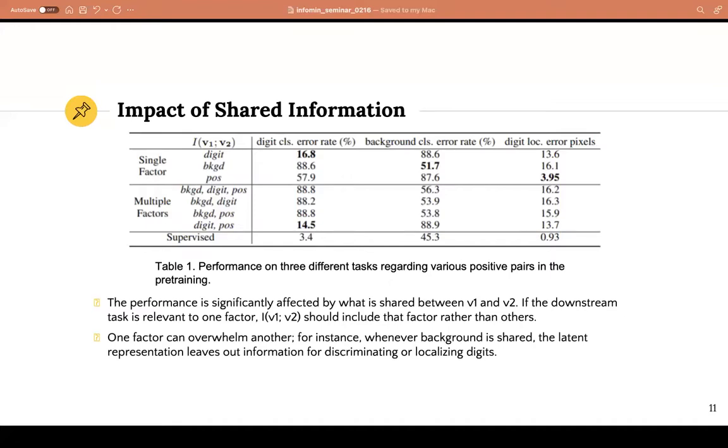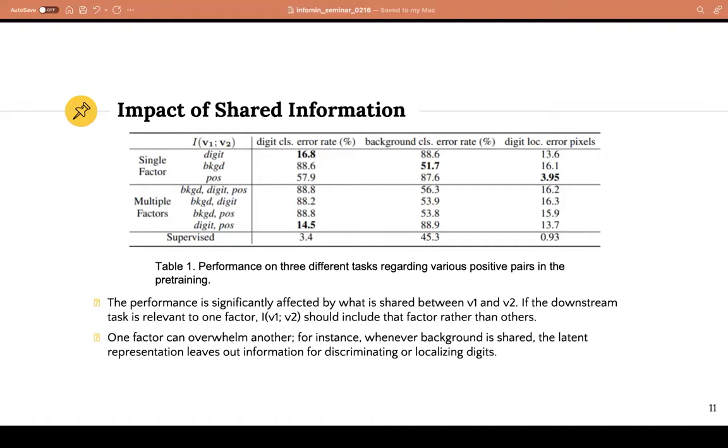For example, in the first column, which is to recognize the digital class, and in the first row, it means those 2 views are sharing the same digit. And then you can get the least error rate. So that's a better performance. And that's the same for other tasks, you can see.